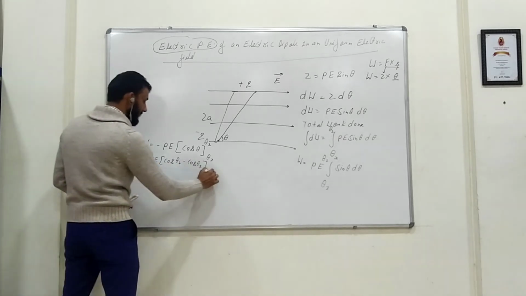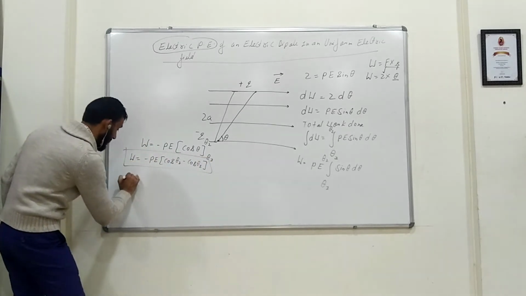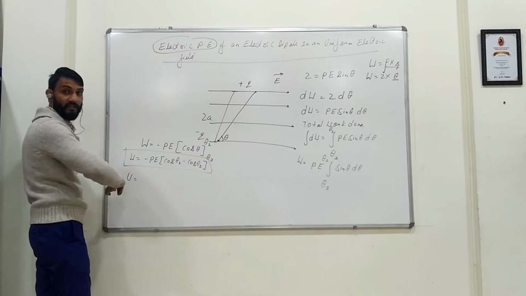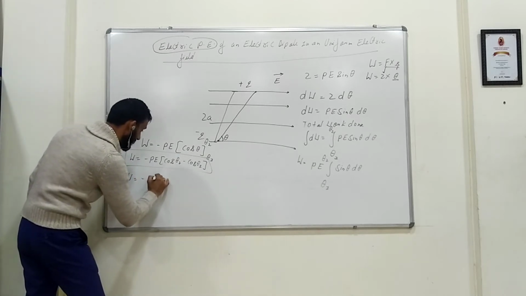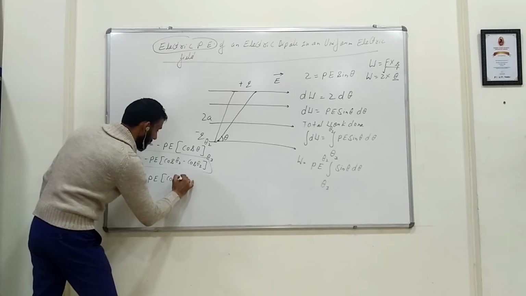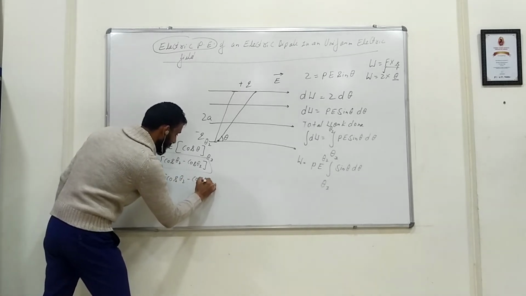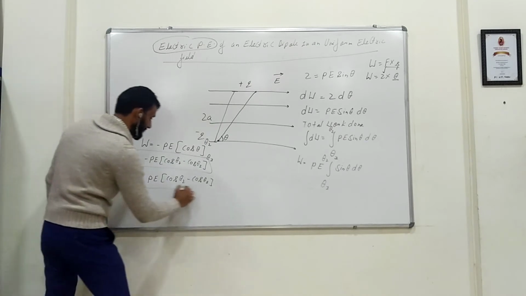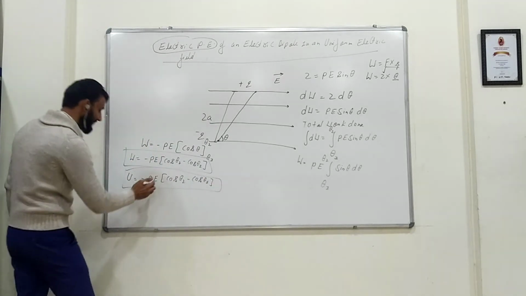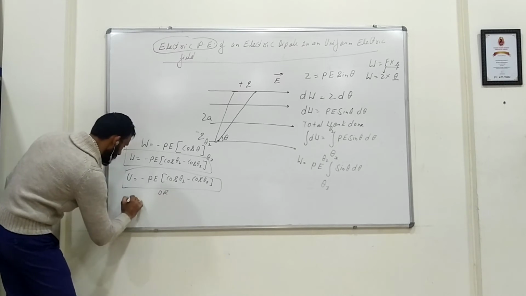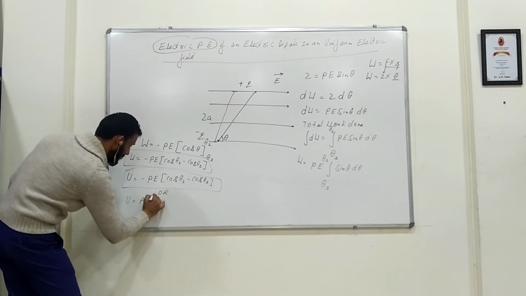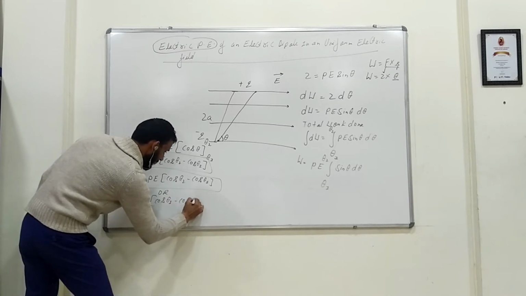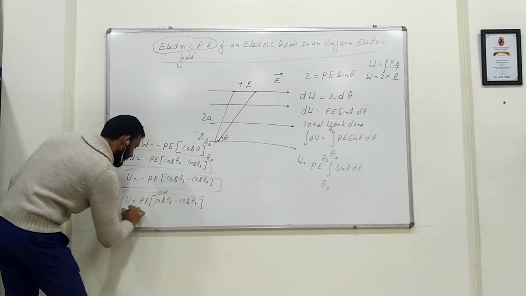This is the work done, and this can be the potential energy, because the amount of work done against the torque will become the potential energy. It will be minus pE (cos theta 2 minus cos theta 1). And if you multiply this minus in, it can also become pE (cos theta 1 minus cos theta 2). So this can be there.